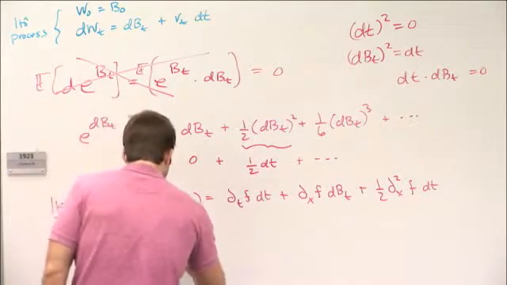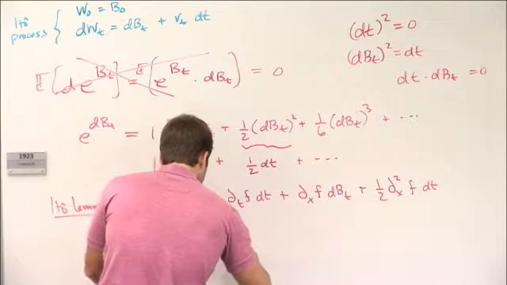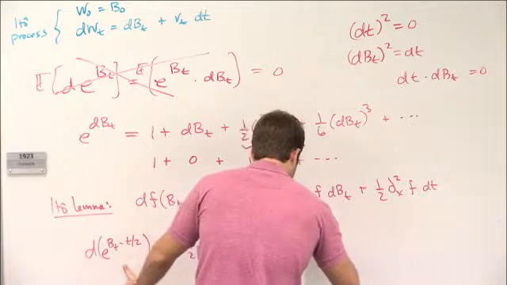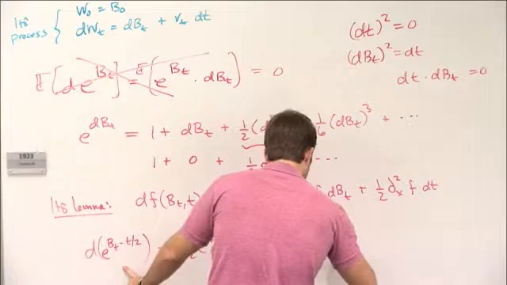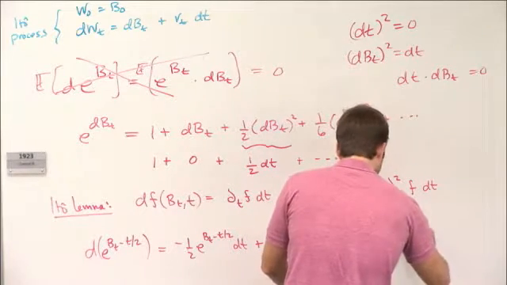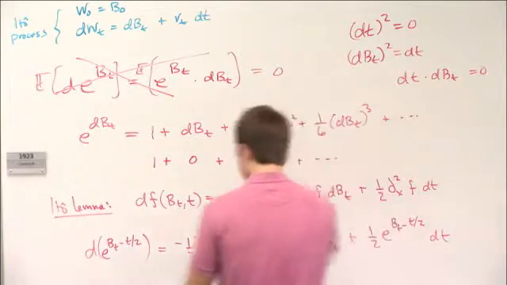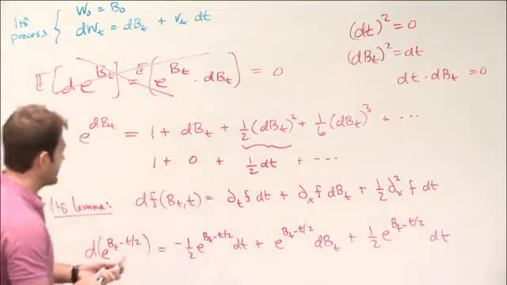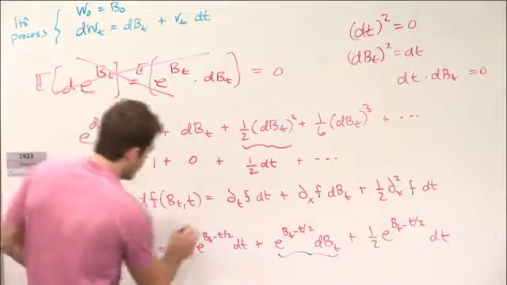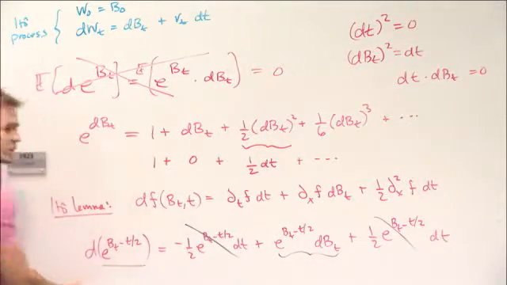The derivative with respect to time gives minus 1/2 of this, plus dbt, plus the second derivative with respect to the first variable, half of which is just the same thing, dt. So you see what happens here: this thing is the martingale term, which has expectation 0, and these go away. So this is a legitimate martingale.